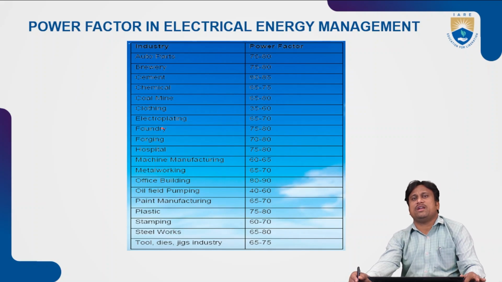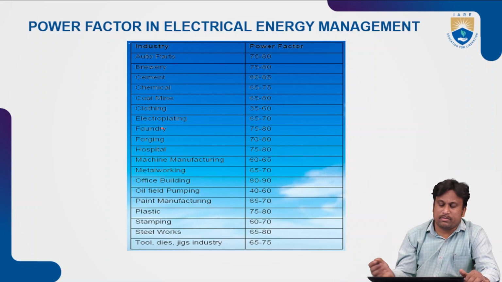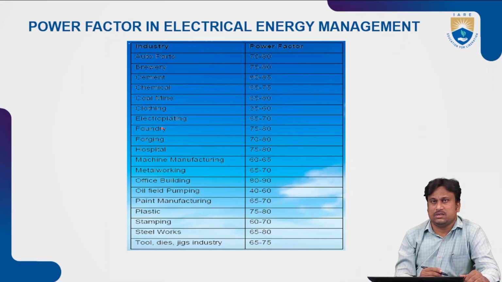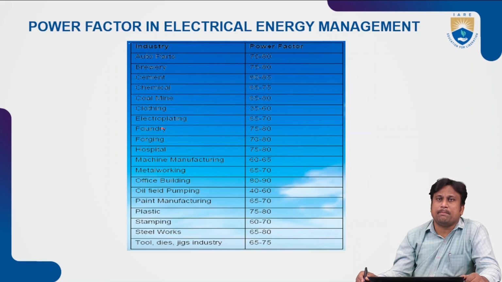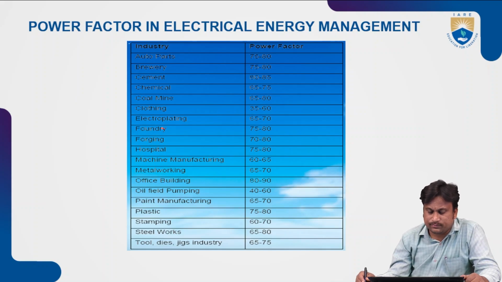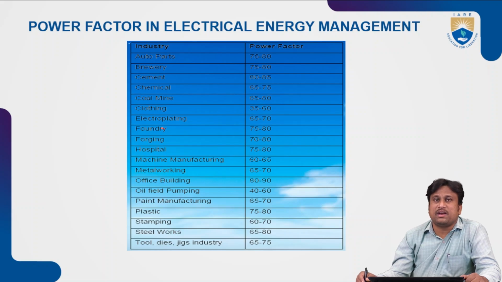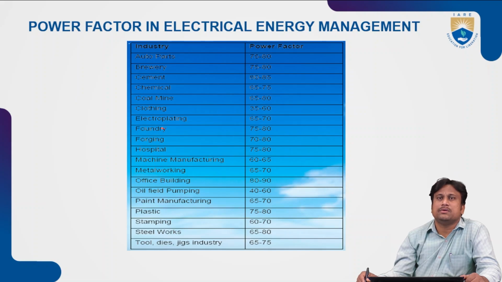Hospitality, 75 to 80. Machine manufacturing, 60 to 65. Metalworking, 65 to 70. Office building equipment, 80 to 90. Oil field pumping, 40 to 60. Plant manufacturing industries maintain a power factor of about 65 to 70.